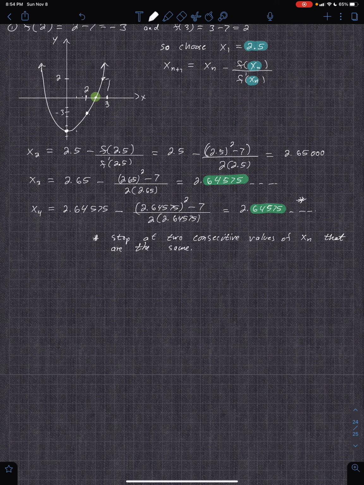So this converged to 5 decimal places basically in only 2 iterations. If you go farther away from it, it may take longer, but this one went really quick.